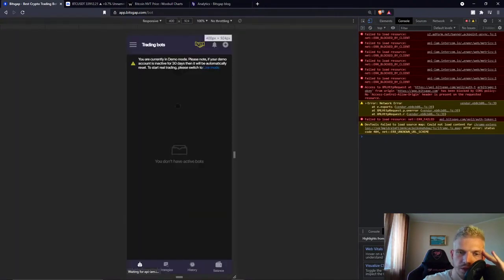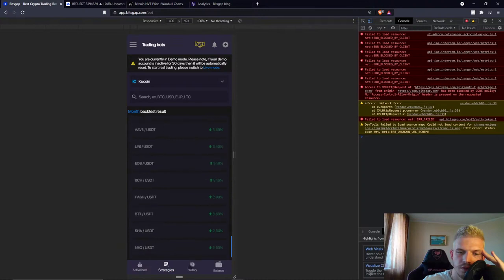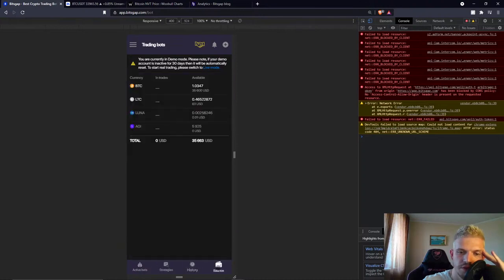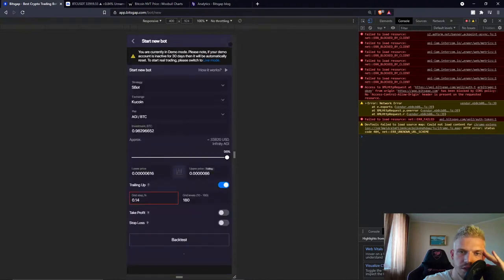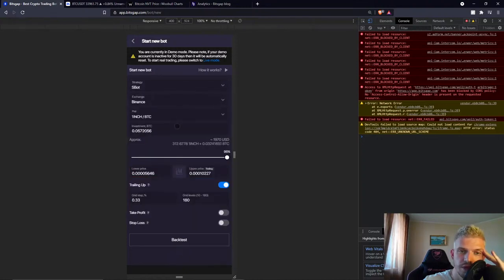So that's how it looks in the mobile app, you see. So pretty much everything you need is here. It's easy to start. You see, you just click on plus, select the strategy, you can switch to another exchange if you need. So I mean, it's fully functional on the mobile devices.